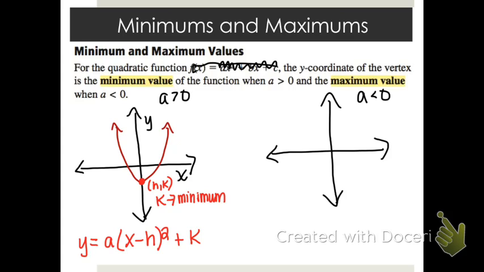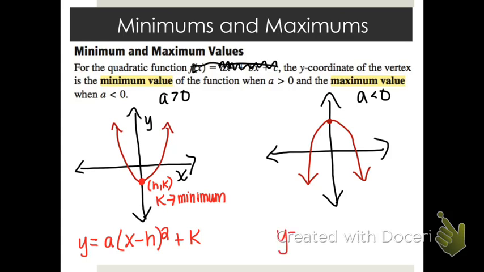I'll have a parabola that is facing downwards. The vertex isn't necessarily going to be on the y-axis, but the only thing that a tells us is which direction the parabola is facing, up or down. So if a is negative, it would look something like this.